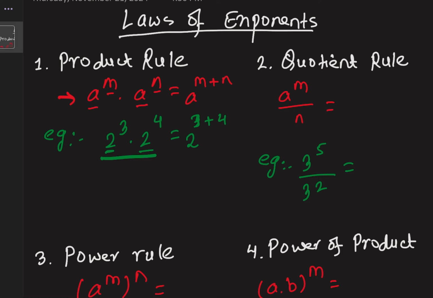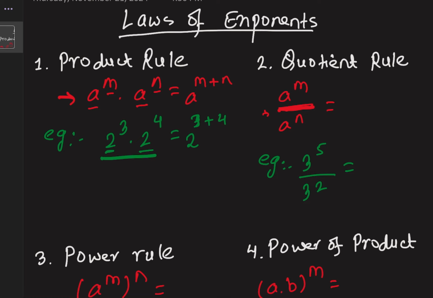And the second rule is the quotient rule. The quotient rule is almost similar to the product rule, but instead of the multiplication sign we have the division sign here. What it says is when dividing two powers with the same base, we have a to the power m divided by a to the power n.